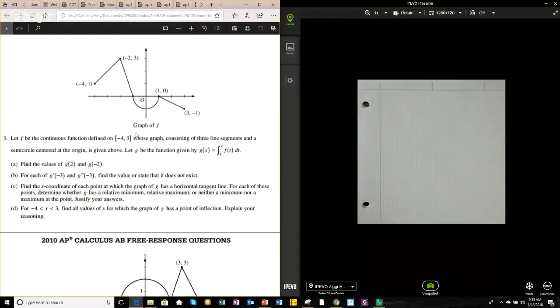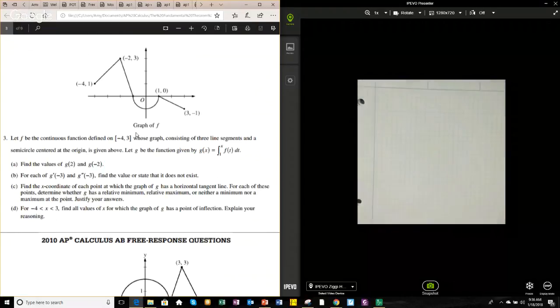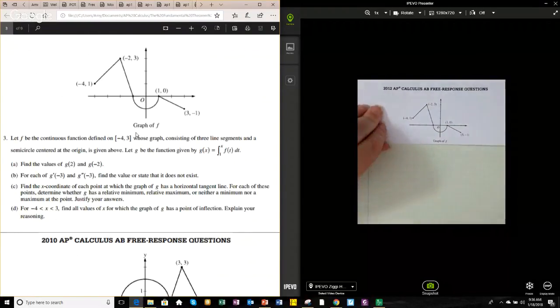Here's my hard copy of the graph. I should have been more ready, but there we go. There's my hard copy of the graph. There we go, because I want to be able to write all over this.